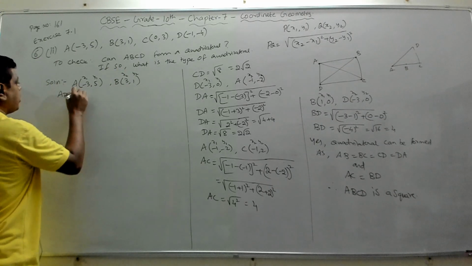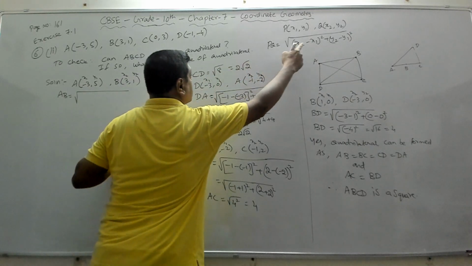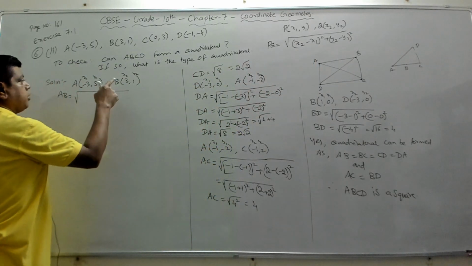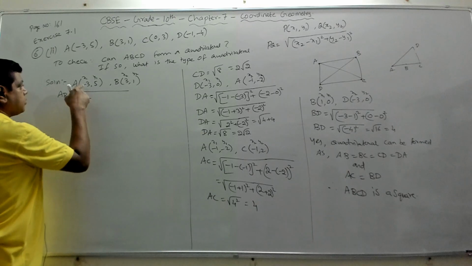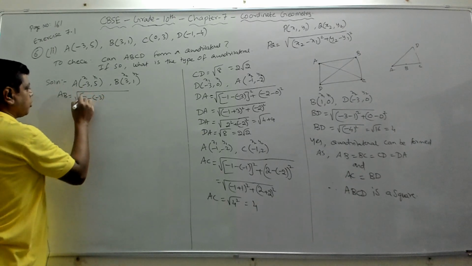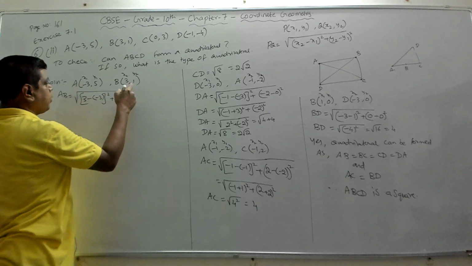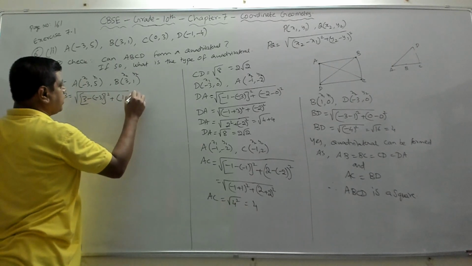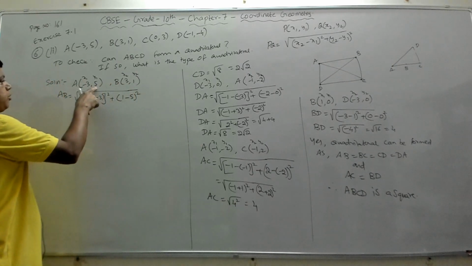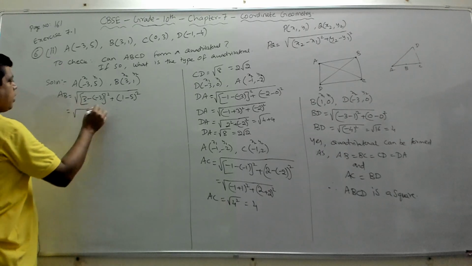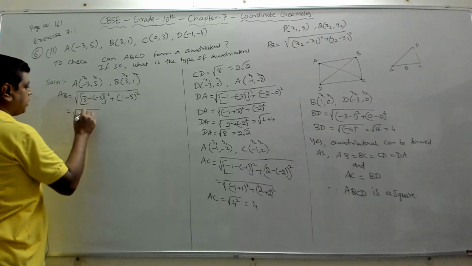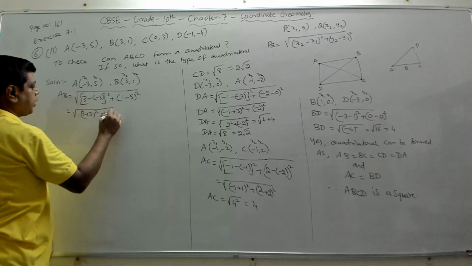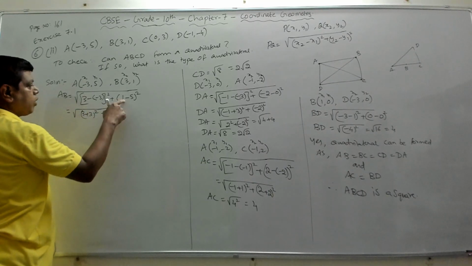AB is equal to square root of x2 minus x1 the whole square plus y2 minus y1 the whole square. So x2, 3 minus x1, -3, the whole square plus y2, 1 minus y1, 5, the whole square. So that gives you square root of 3 plus 3 the whole square plus -4 the whole square, because 1 minus 5 is -4.